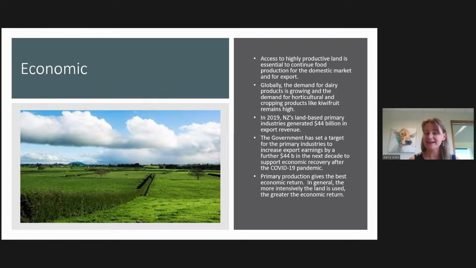So we've been actively encouraged to produce more crops, and what that looks like, hopefully, is more cropping or more yield on a smaller land area. Okay, but we're going to have to do that sustainably, and that then moves back into that environmental factor. So some of these factors work together. Okay, so usually the more intensively the land is used, the greater the economic return.